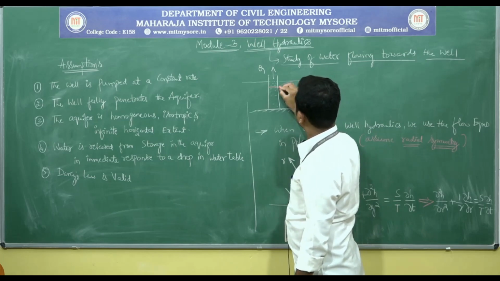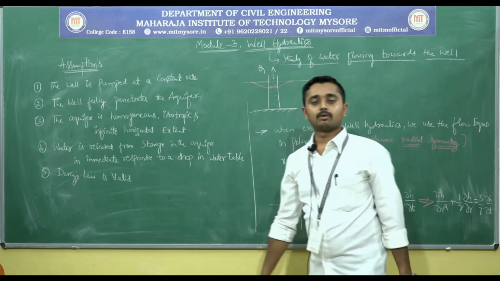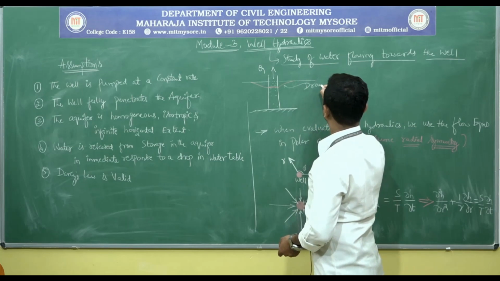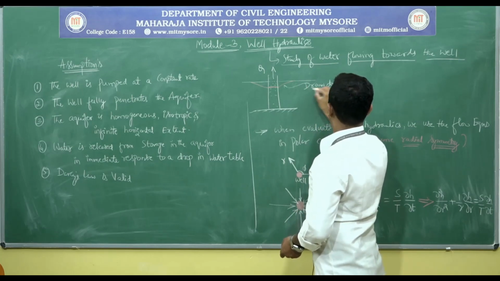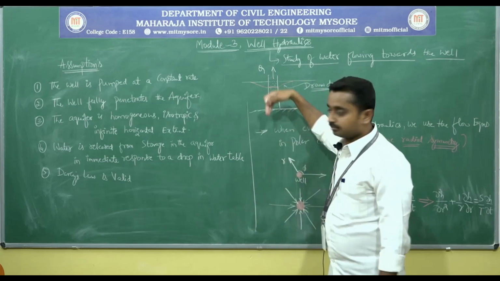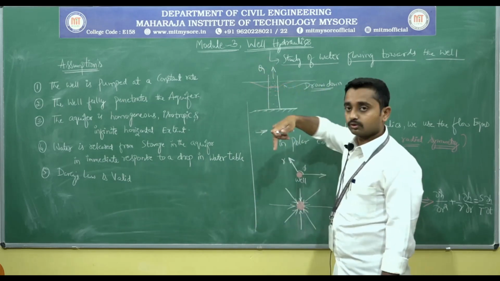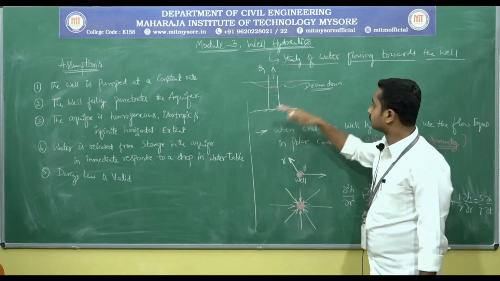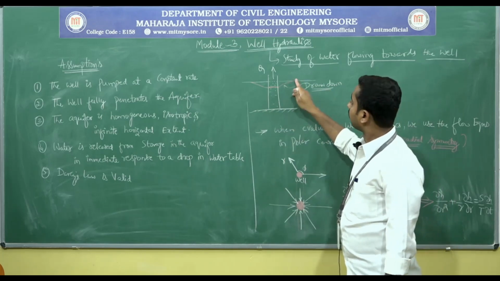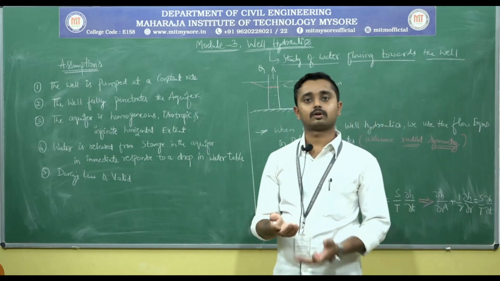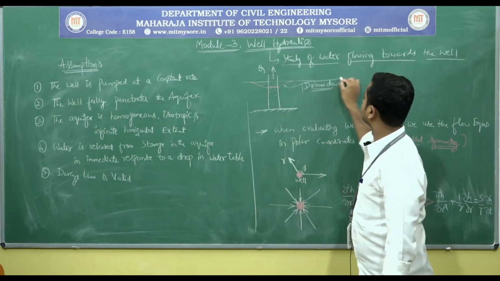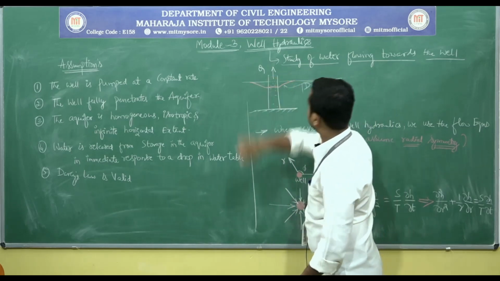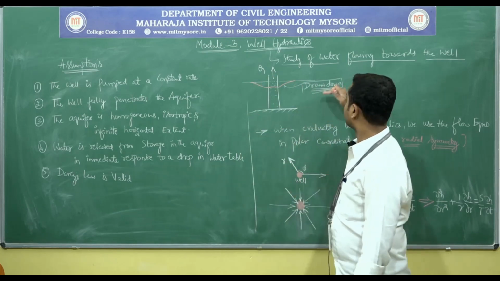The reduced water level forms the drawdown, also called the cone of depression. So this is the drawdown curve, the reduced water level.